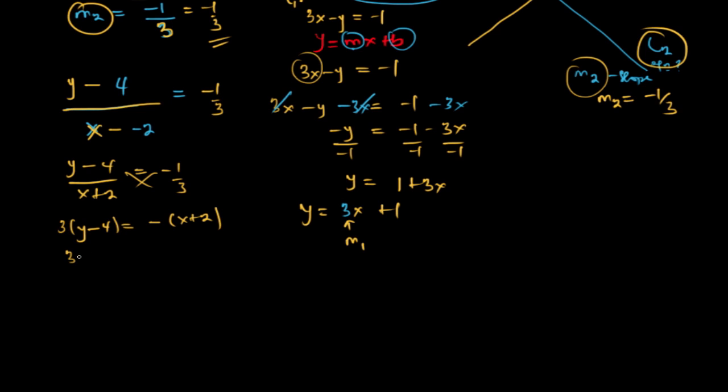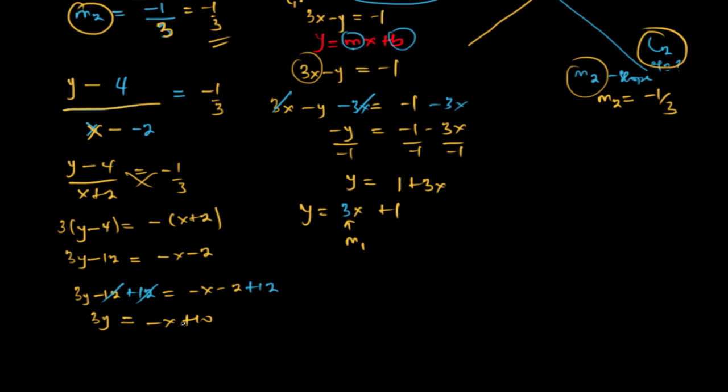This becomes 3y minus 12 equals -x minus 2. So we add 12 to both sides, and this crosses out. So what I have is 3y equals -x minus 2 plus 12, which is plus 10.